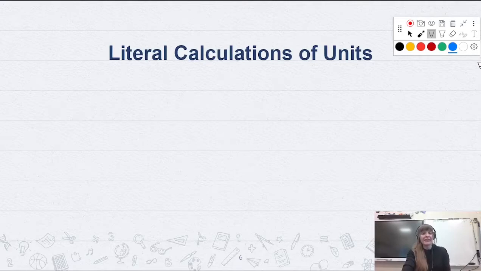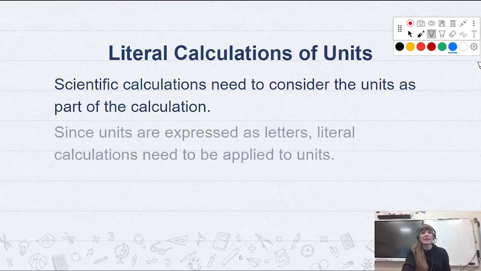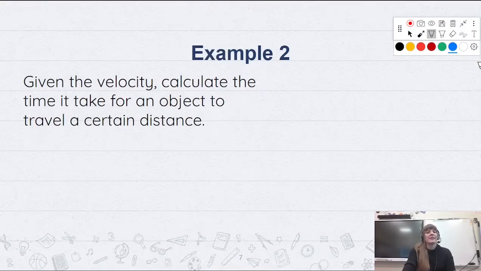So let's look at an example of unit. Scientific calculations need to consider the units as part of the calculation. Since units are expressed as letters, literal calculations need to be applied to these units. If we've been given the velocity, we need to calculate the time it will take for an object to travel a certain distance.